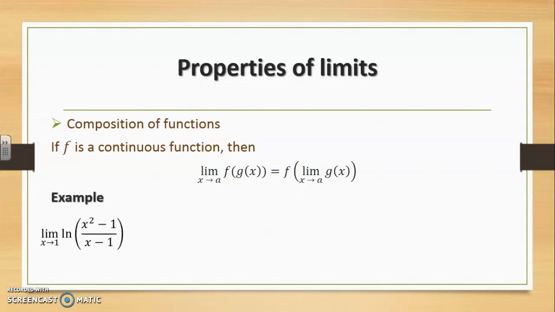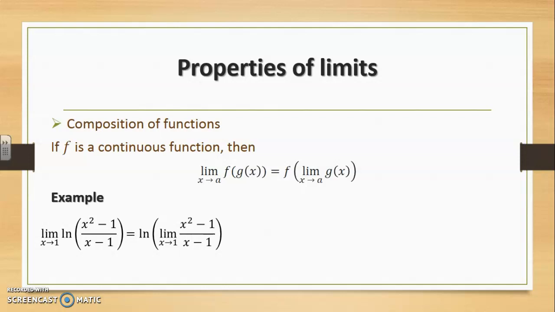For example, here we have the limit as x tends towards 1 of ln of x squared minus 1 over x minus 1. Ln functions are continuous functions within their domain. Currently, the problem is not the ln, it's the content of the ln, which has a 0 over 0 form.